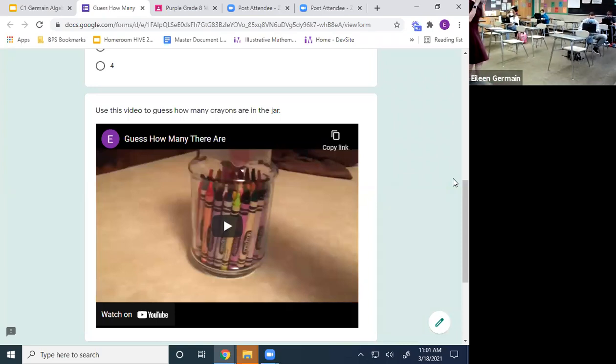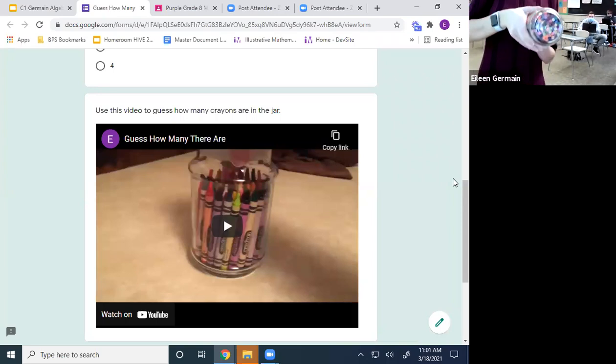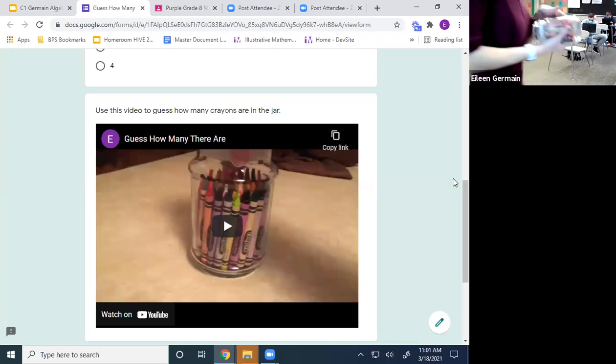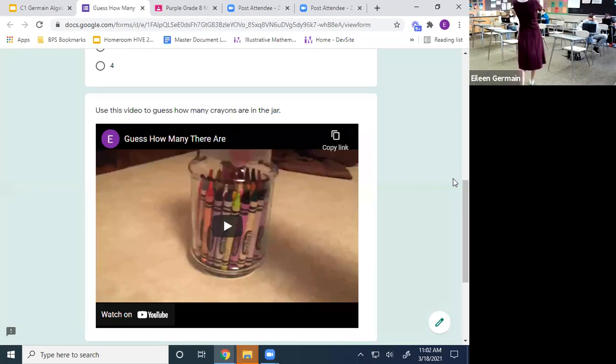People in here, people who don't go to Spanish, I need you to guess how many crayons are in this container. Don't go too big. It's not like 100.